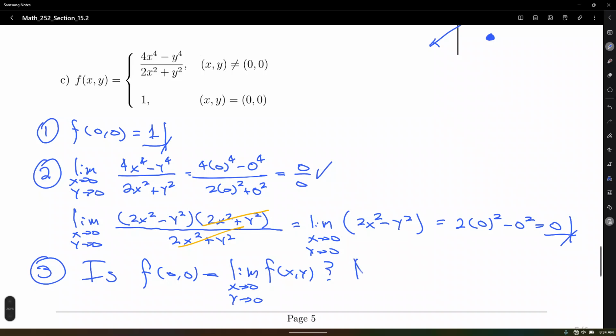No. Therefore, f of x, y is not continuous at the point 0, 0. So it's not continuous at the origin.